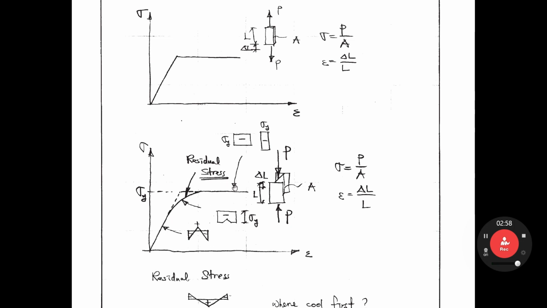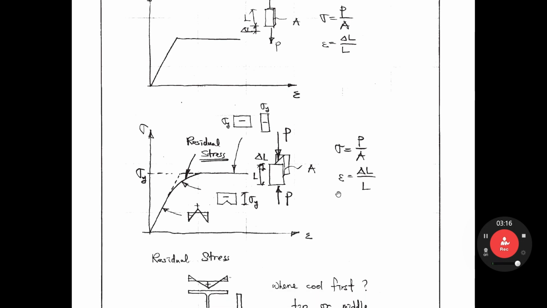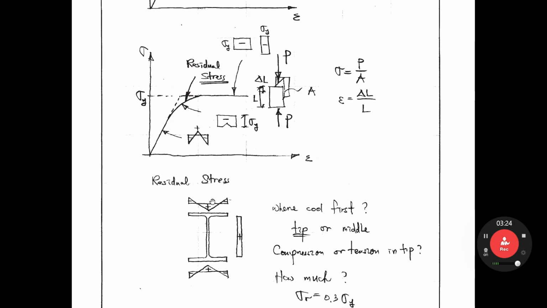It is due to residual stress. When you do the coupon test, there are no residual stresses. But when we make this column, we have residual stresses in this section. This tip part has compressive residual stress. This middle part and web have tensile residual stresses. Why?